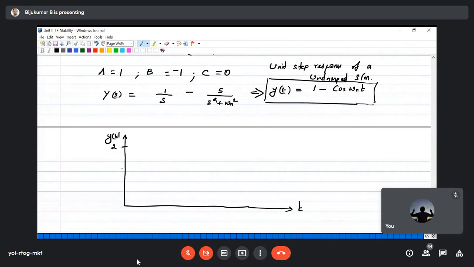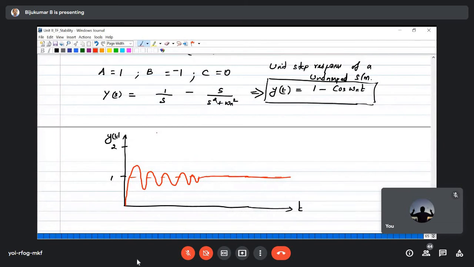So I have 2, 1. So for an underdamped system, what will happen? It will be in an oscillating stage. This is for the underdamped system. And finally, it will settle in a band.